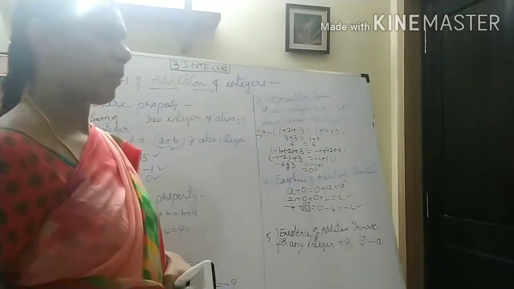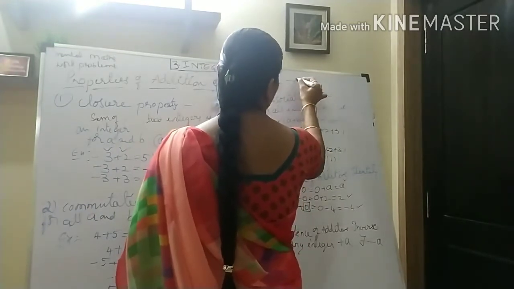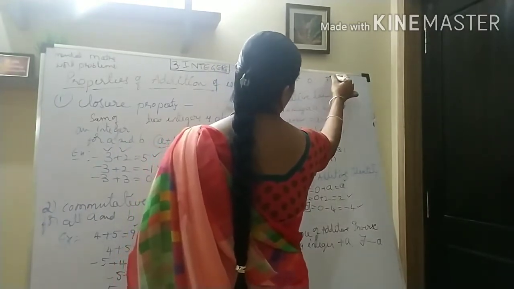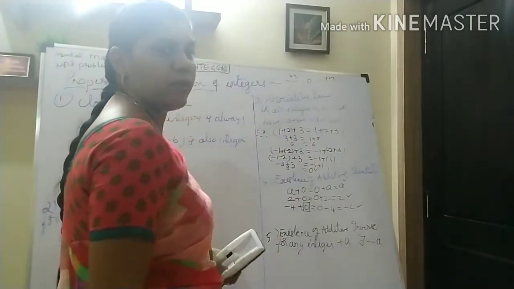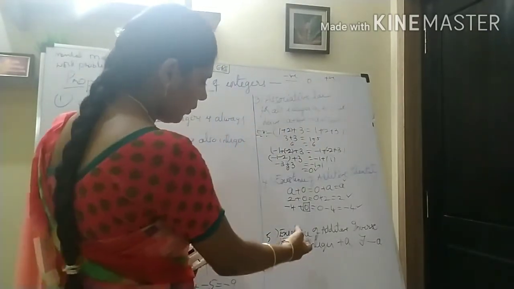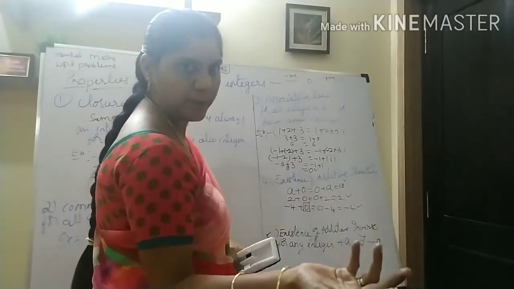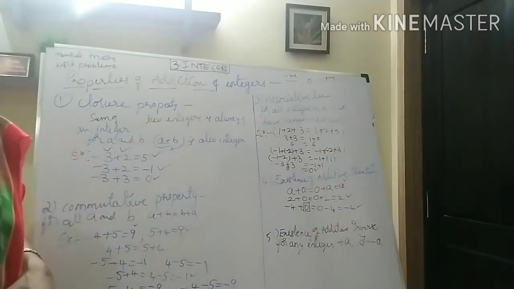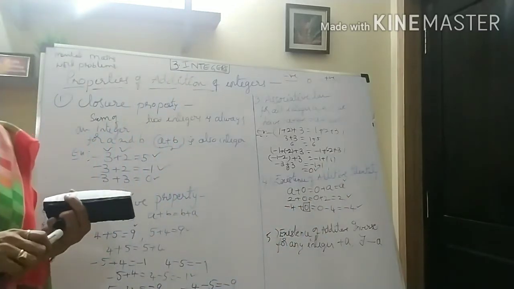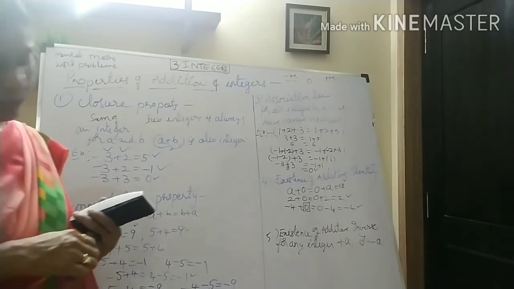If you observe this number line, for all the positive numbers, we will get negative numbers. Every positive number will have the same number with a negative sign. That is what they are saying, for any integer plus a, there exists minus a. That is, minus a is our additive inverse. So clearly we can call minus a the additive inverse.